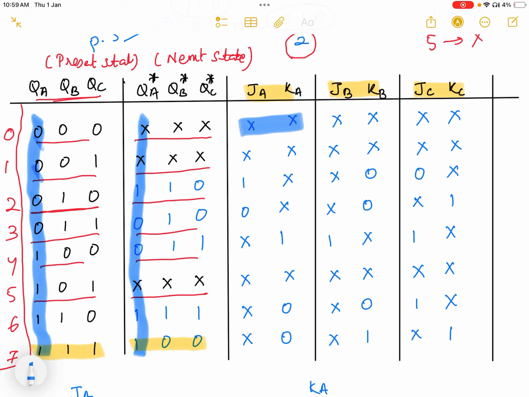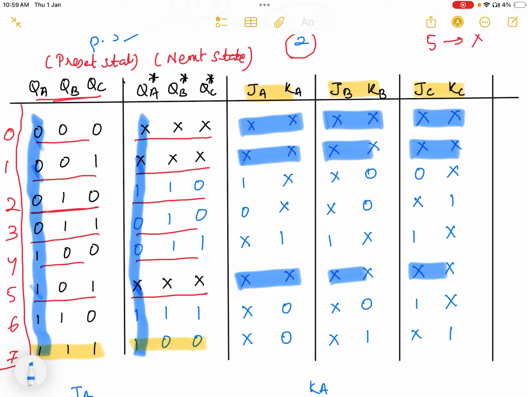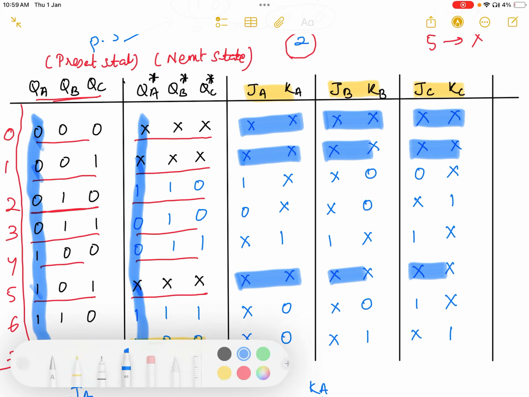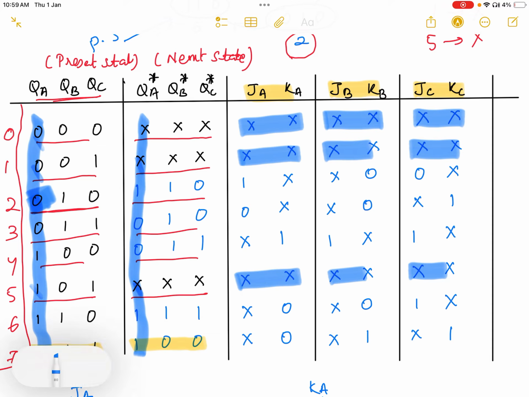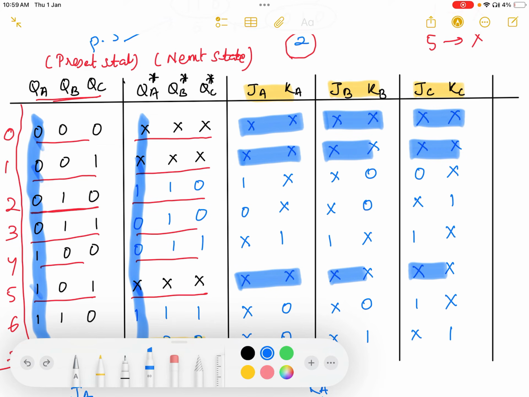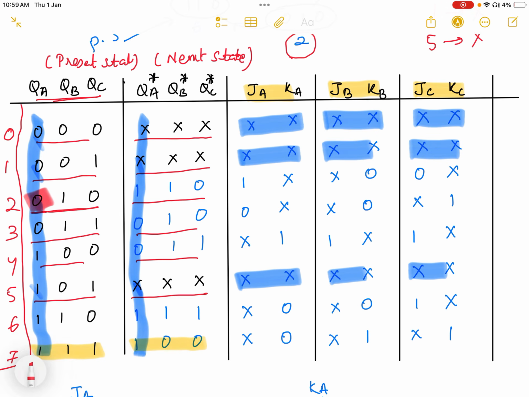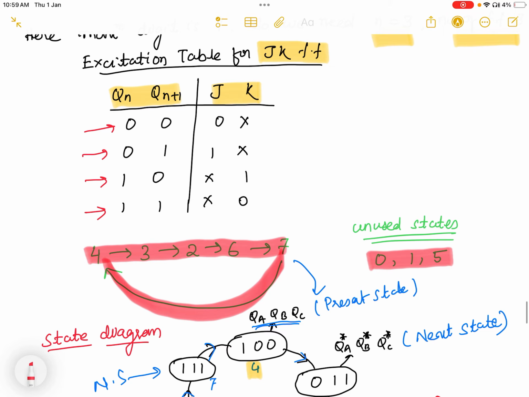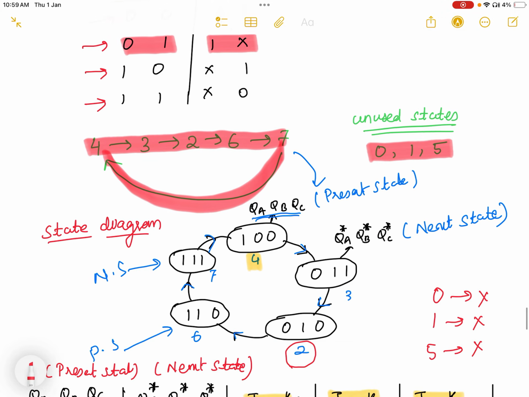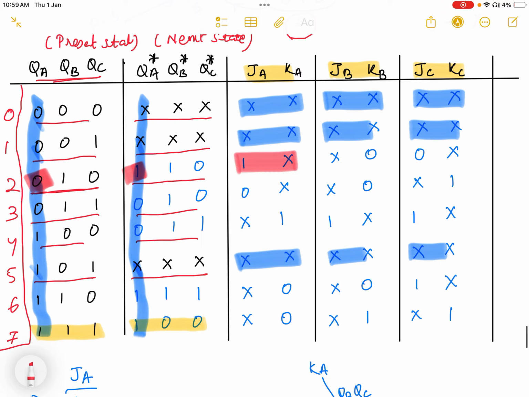Present state 0, next state 1: from the diagram I get 1, don't care, so I wrote 1 don't care.